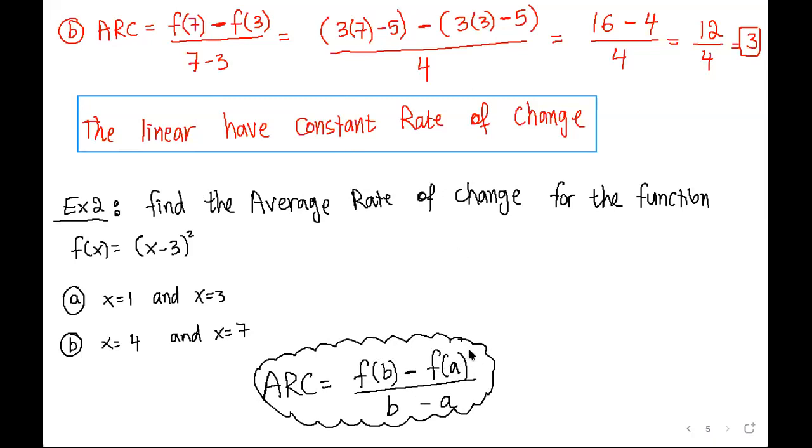This part here is the net change. Okay, I'll give you 2 minutes to do the first one and the second one, then I'm going to solve them.